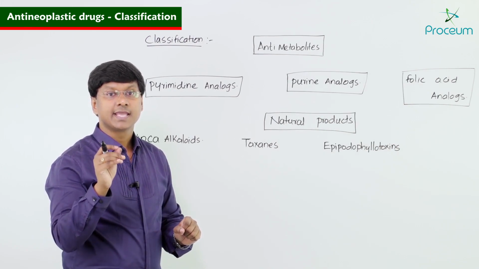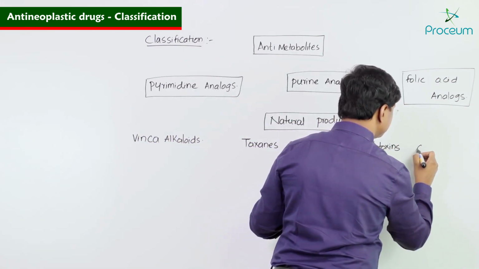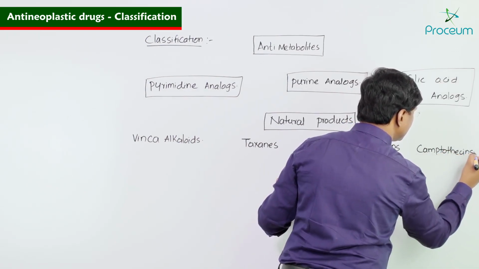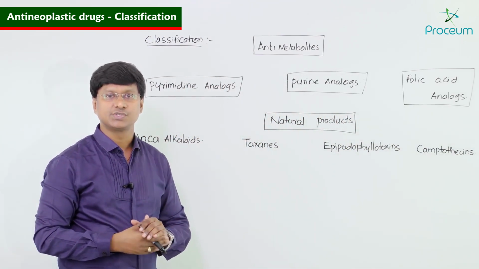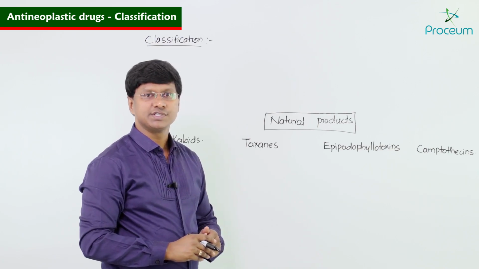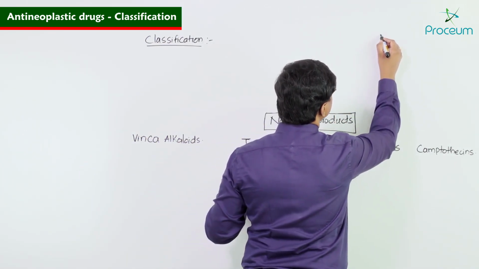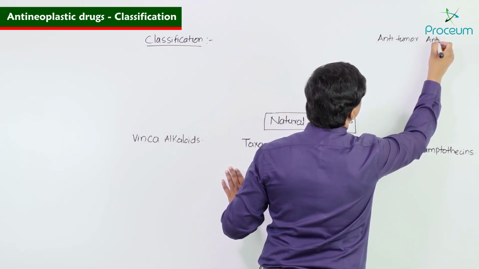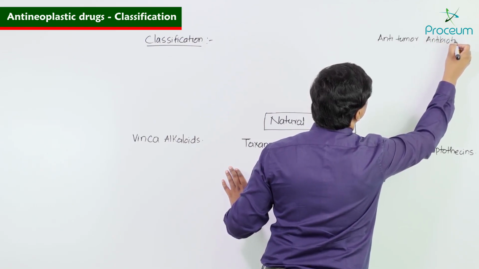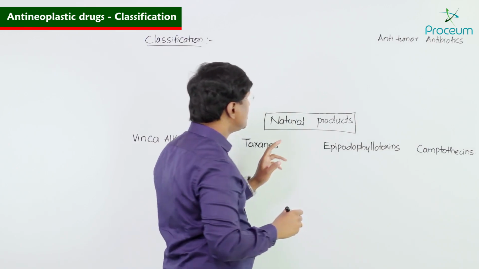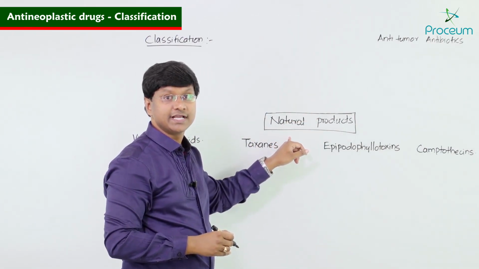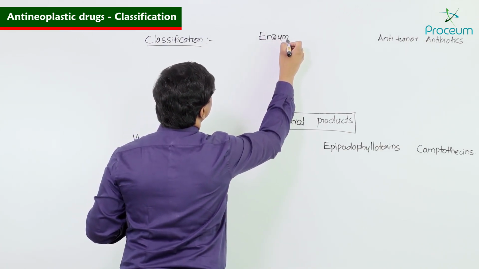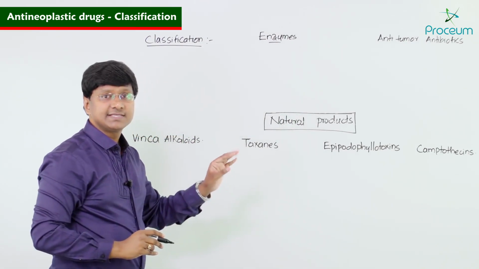And next you have camptothecins. Next to your camptothecins, you have anti-tumor antibiotics. So anti-tumor antibiotics are also your natural products. And then you have enzymes. So these are your natural products.